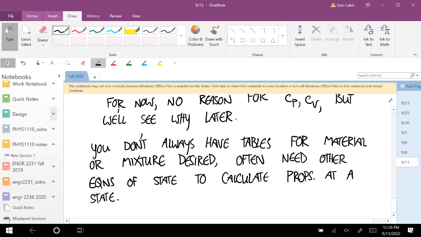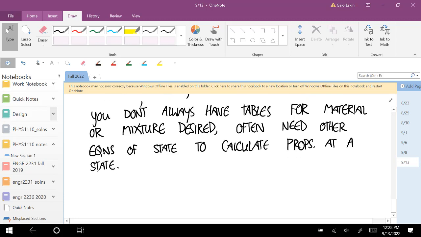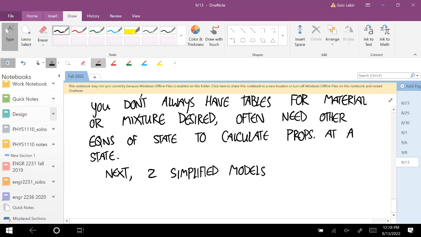So I'm going to bring up two simplified models. The first is incompressible, and that's useful for liquids.